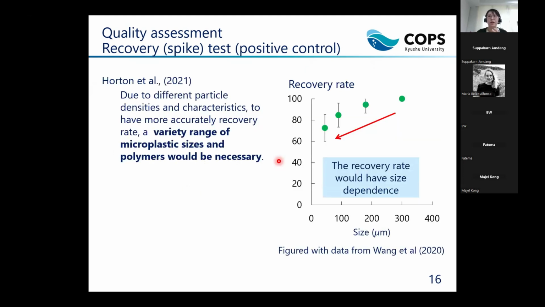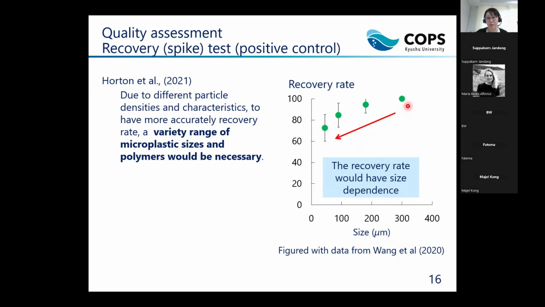And here, Horton also mentioned the recovery rate has a size dependency. This is data from Wang et al., 2020, and they added several sizes of particles to the recovery sample, and they found the recovery rate has size dependency.